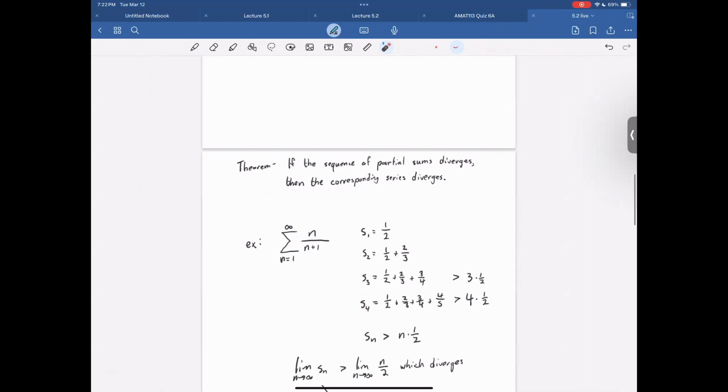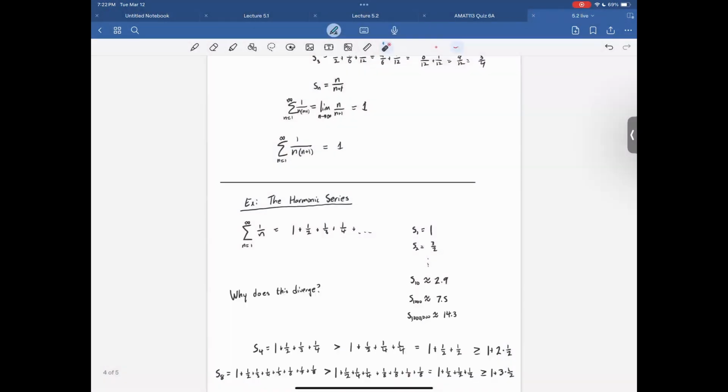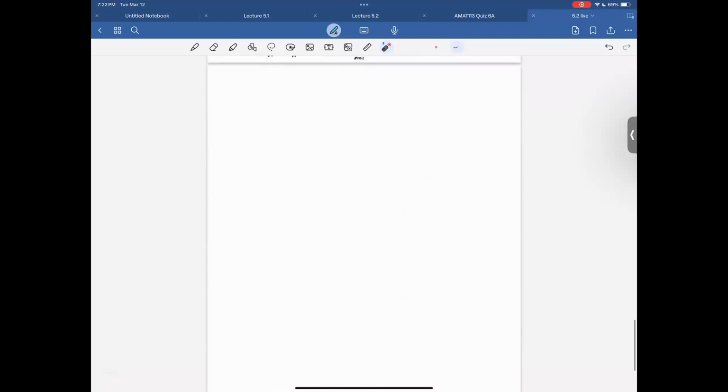Now I'm going to take us back. And now I have one more very common series that I want to talk about today. I want to talk about when geometric series converge.